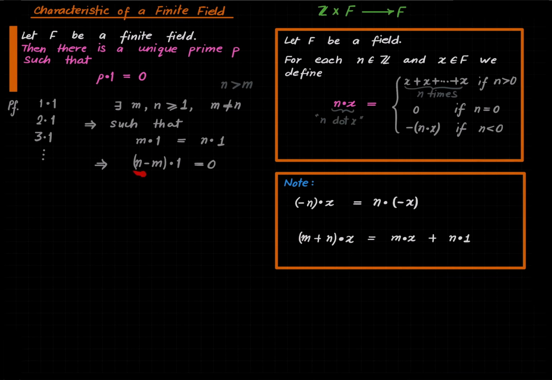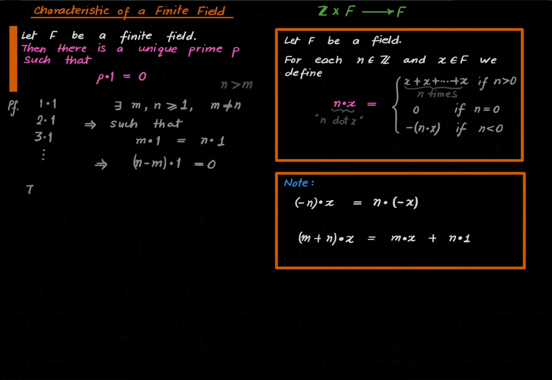That there is a non-zero positive integer which dots 1 and gives us 0. I might even call it scaling because that's very natural. This is really like your scaling function. We are scaling elements of F by integers. So there is some non-zero integer, in fact a non-zero positive integer, which scales 1 to produce the 0 of the field. Okay.